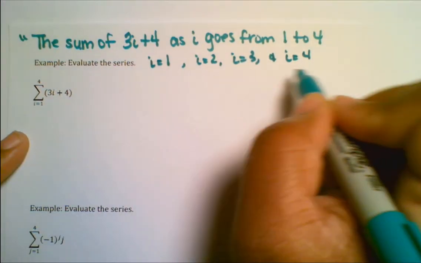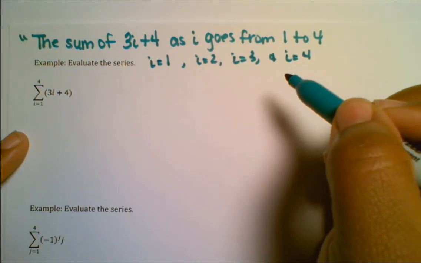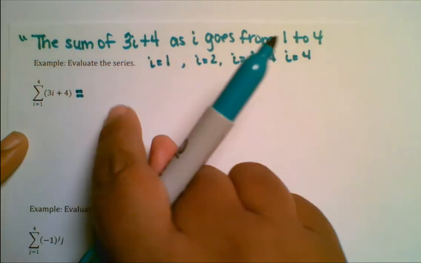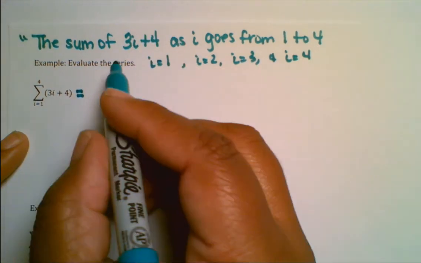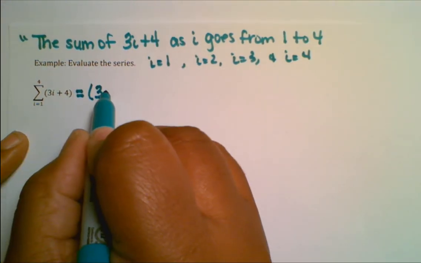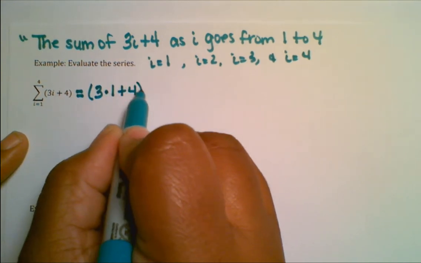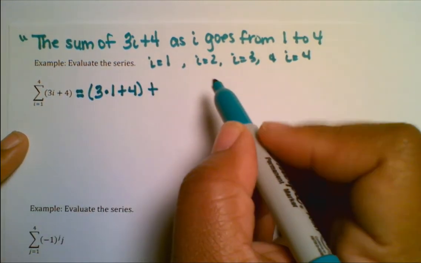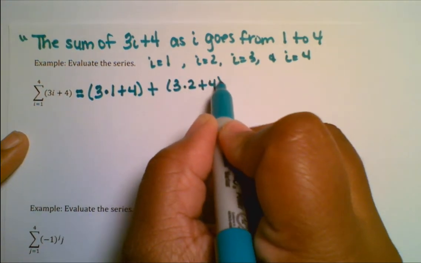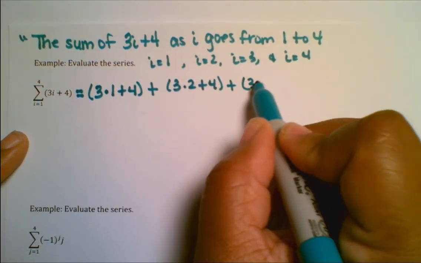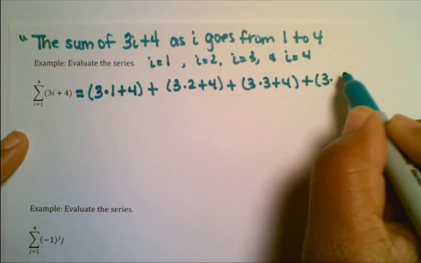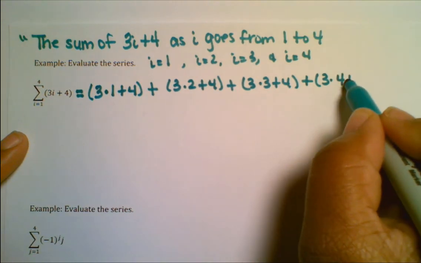We're going to find the value of each of those and then we add them together. So instead of writing it out separately, we're going to write it all together. So this is how we would write it. Starting with the lower limit, 3 times 1 plus 4, plus 3 times 2 plus 4, plus 3 times 3 plus 4, plus 3 times 4 plus 4.